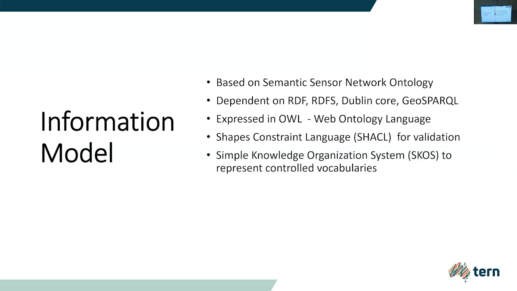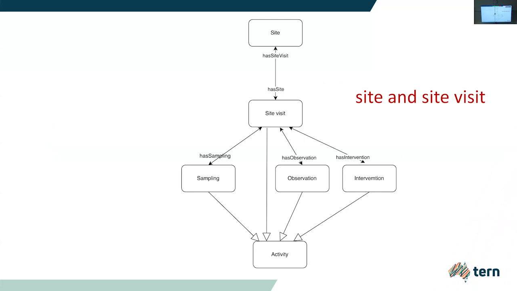Okay, so just to provide a bit of an overview of the information, but not too technical. If you look at a representation of how the site survey works, there is a site. You set up a site, you visit the site, and then you do some activity. The activity is sampling. Basically, you do an observation of the features of that site.